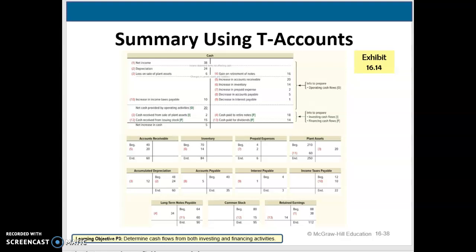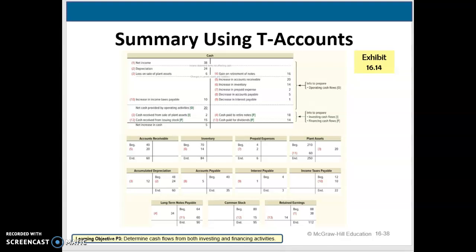So we have 5 parts that we can go through and look at this. Entry 1 records $38 of net income in the credit side of the retained earnings account and the debit side of the cash account. That $38 net income in the cash account is adjusted to reflect the $5 net increase or decrease. Entries 2 and 4 add the $24 depreciation and the $6 loss on the sale to net income and subtract the $16 gain on retirement of notes.